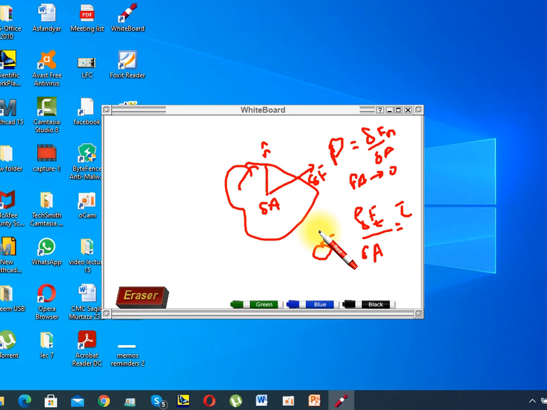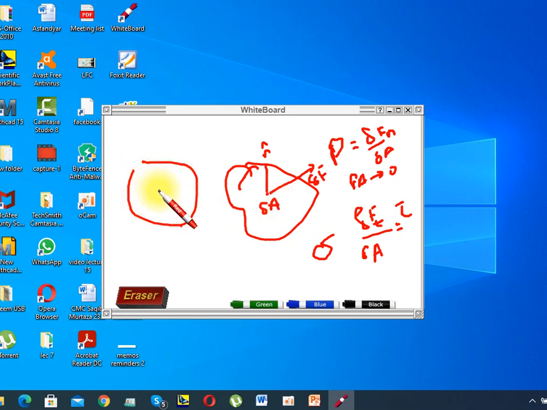I just discussed how stress is produced. When force is applied tangentially or perpendicularly to this area, it produces stresses.